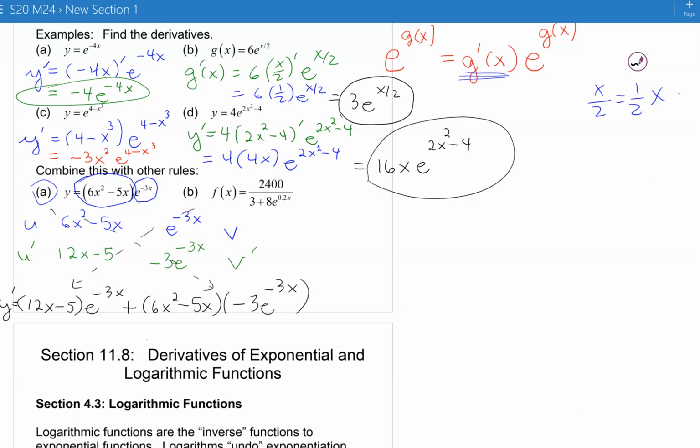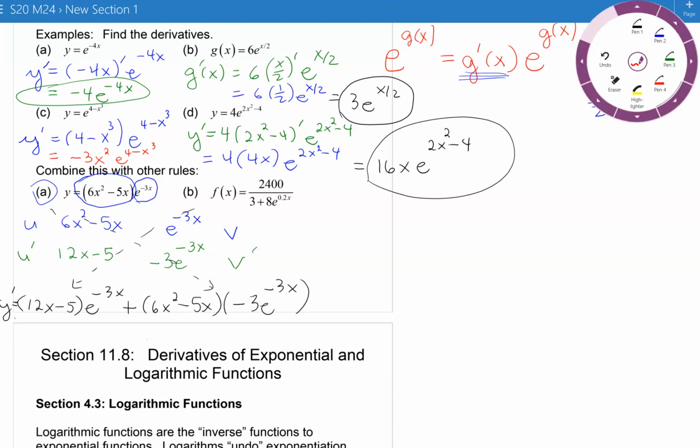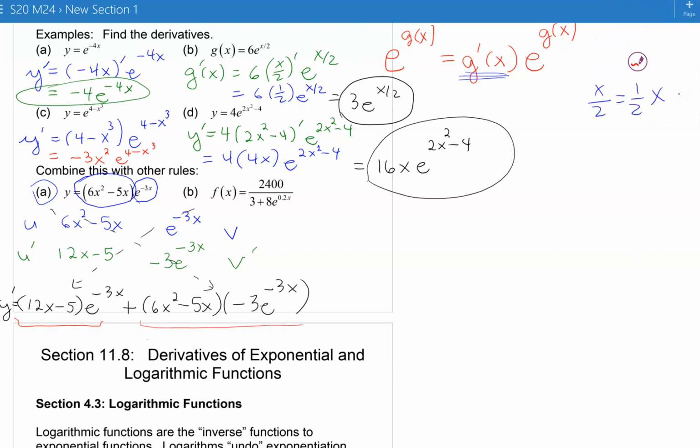and that's y prime. Well, you need to recognize that this is two terms that each have an e to the negative 3x as a factor. So we need to factor out e to the negative 3x. And in the first term, I have left 12x minus 5 plus, in the second term, I have 6x squared minus 5x times negative 3.